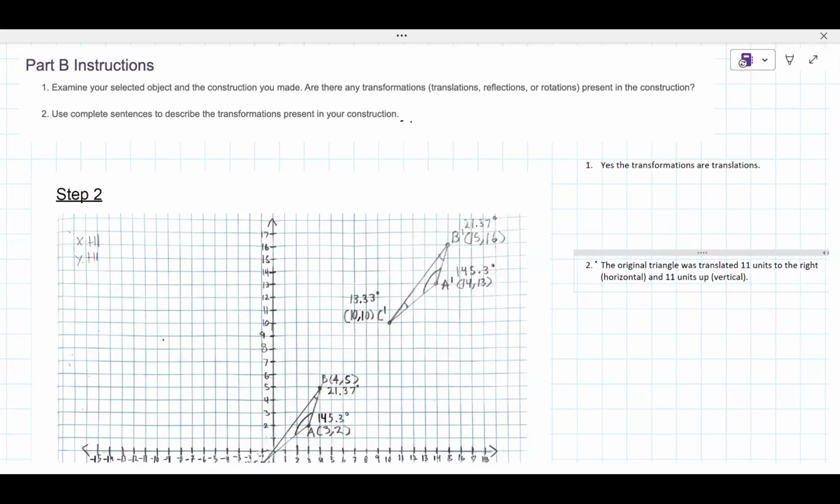All right. So for number one, yes, there are transformations, which are translations.